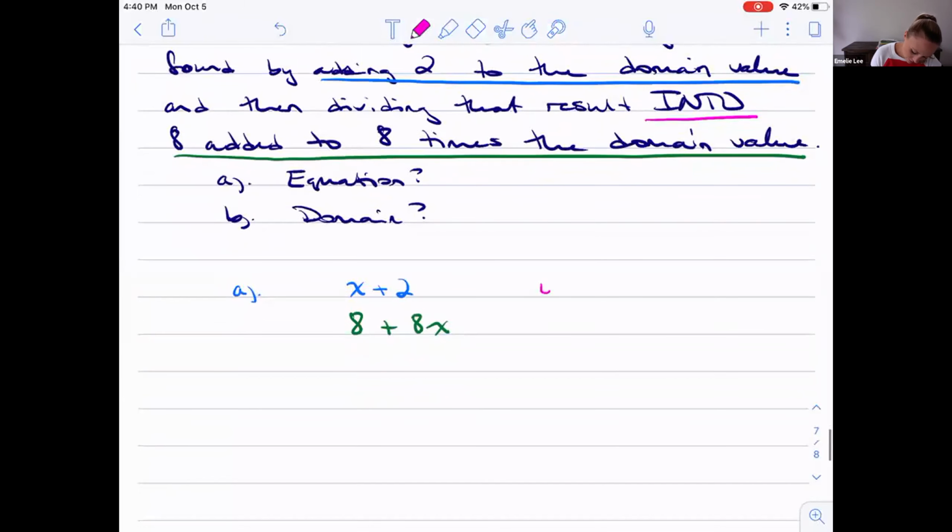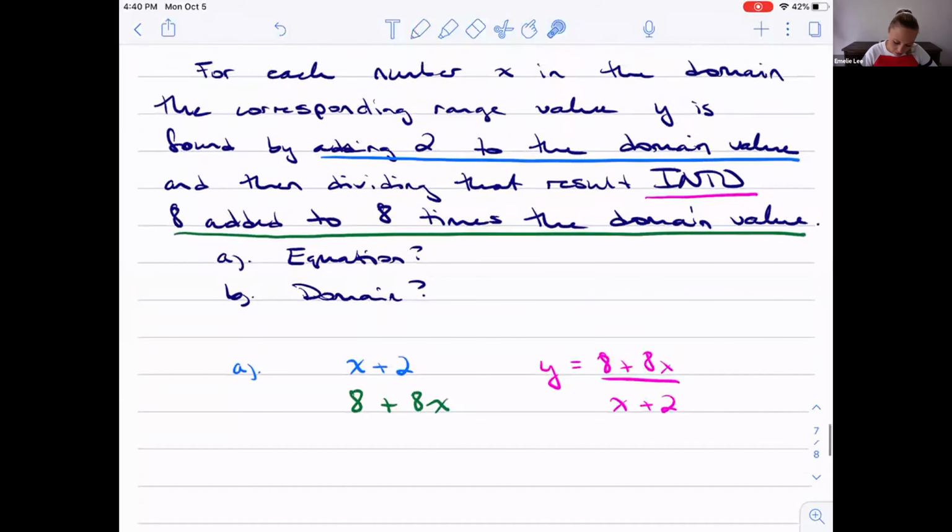So then we get y equals 8 plus 8x divided by x plus 2, right?